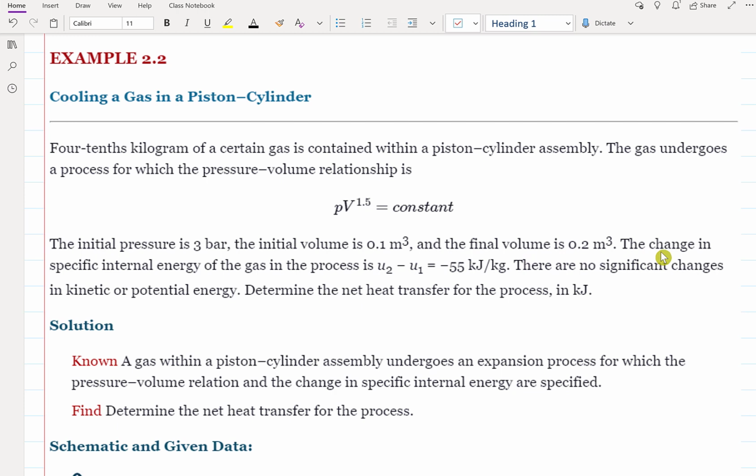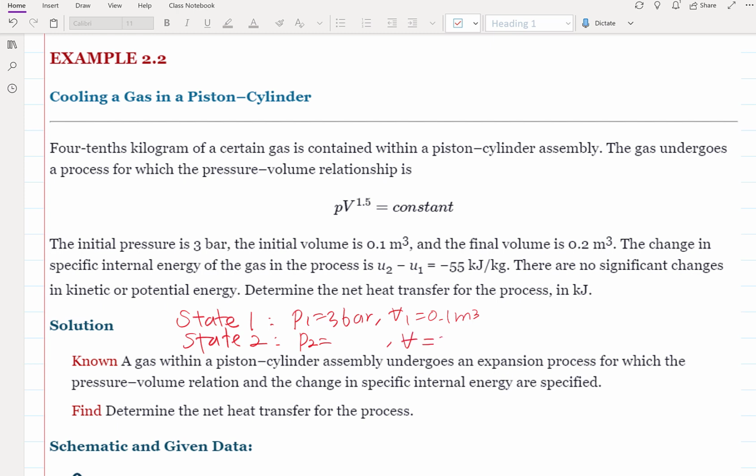So let's say state 1, this initial state: pressure 3 bar, volume 0.1 cubic meter. State 2: pressure is unknown, volume is 0.2 cubic meter.